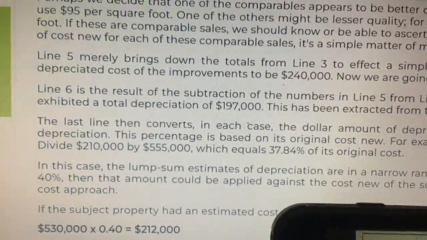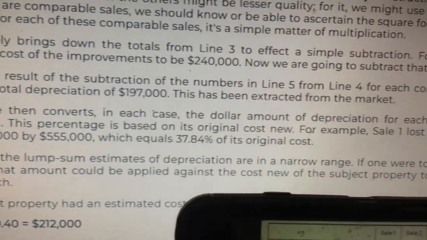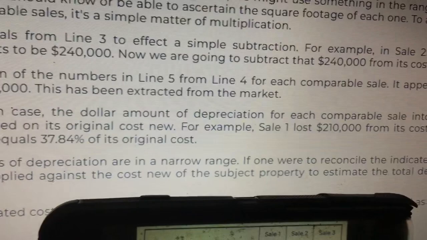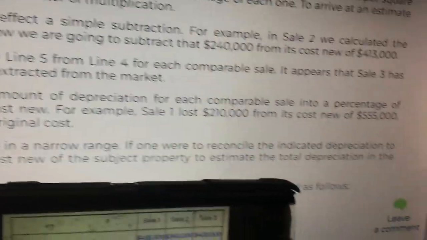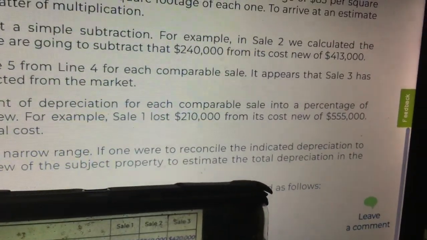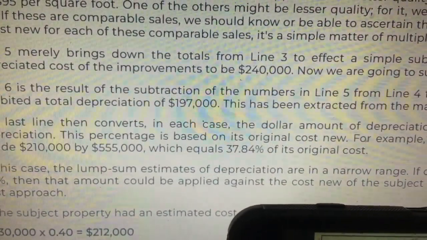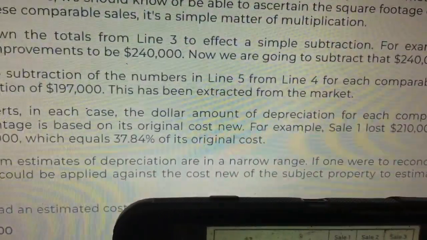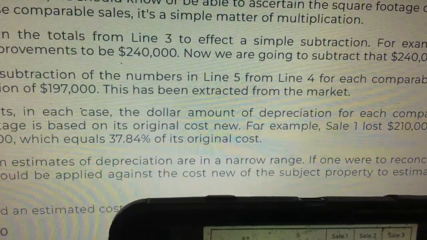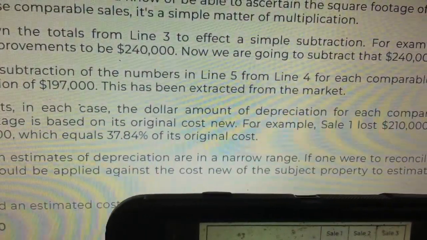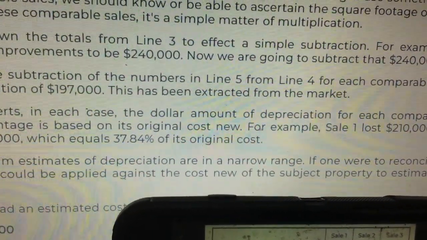Line 6 is the result of the subtraction of the numbers in line 5 from line 4 for each comparable sale. It appears that sale 3 has exhibited a total depreciation of $197,000. This has been extracted from the market.